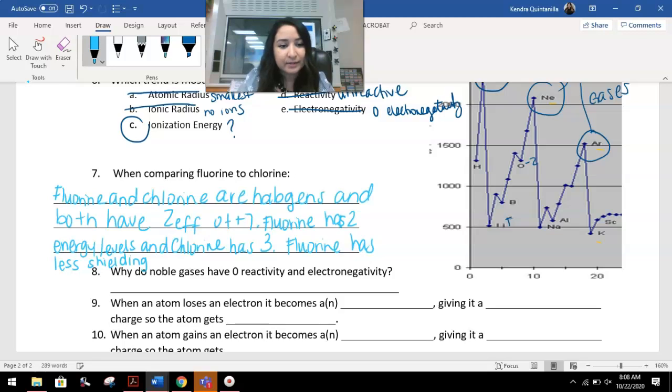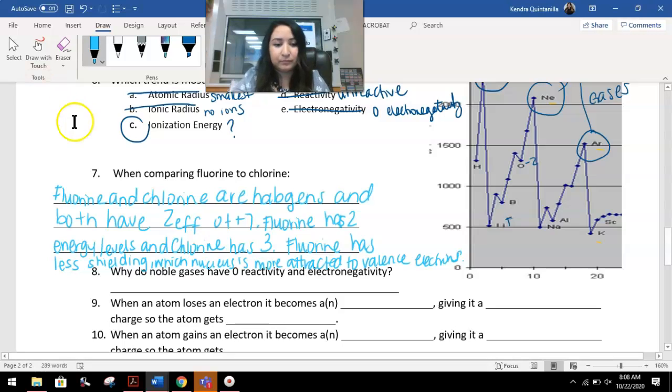So fluorine has less shielding, which would make the nucleus more attracted to the valence electrons. There you go.